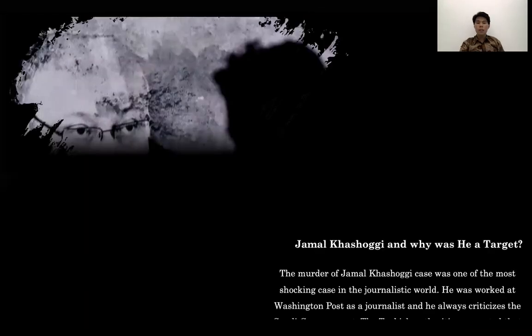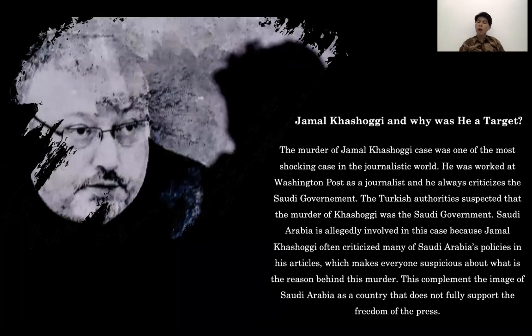Finding and analysis. Jamal Khashoggi, and why did he become a target? The murder of Jamal Khashoggi was one of the most shocking cases in the journalistic world. He worked at the Washington Post as a journalist and he always criticized the Saudi government. The Turkish authorities suspected that the murder of Khashoggi was carried out by the Saudi government.